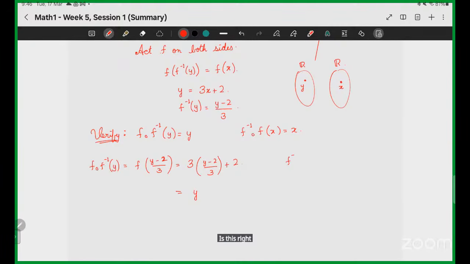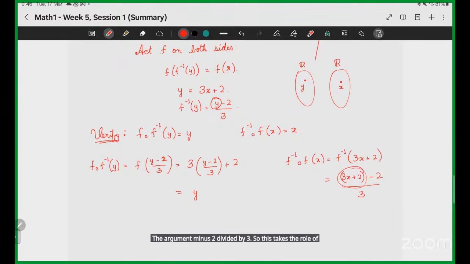And the other verification also: if you start out with f inverse of f of x, f of x is 3x plus 2. And then f inverse by the formula is the argument minus 2 divided by 3. So this takes the role of y.